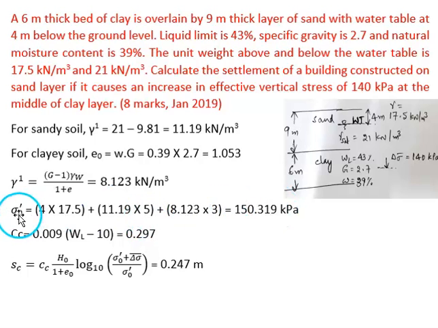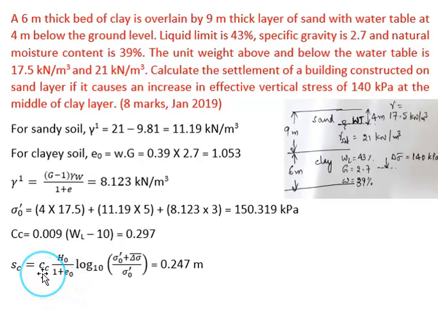So we can calculate the initial effective overburden pressure from the unit weights. Then the increase in effective stress is given, which is 140 kN per meter square. So delta sigma dash is given, sigma naught dash is calculated. Then H naught is nothing but the thickness of the clay layer, that is 6 meters. Then e naught value is calculated, which is 1.053.